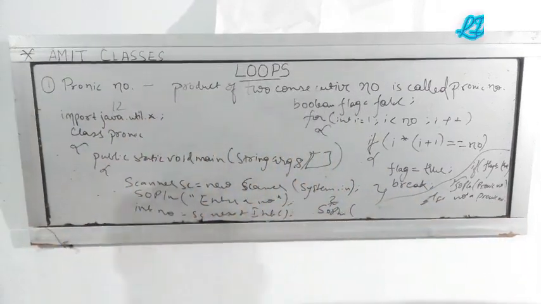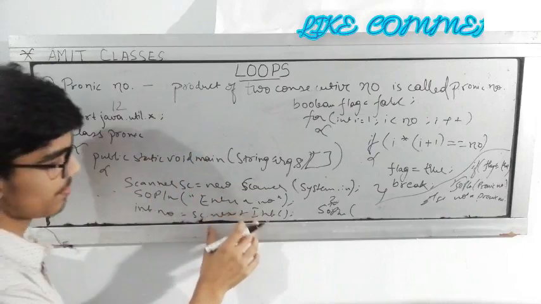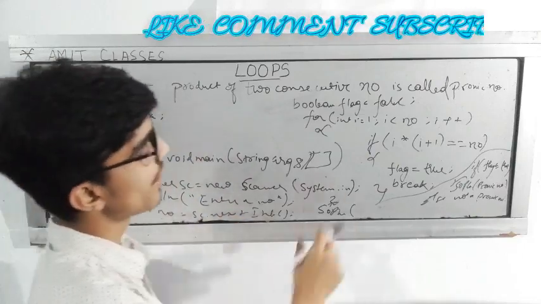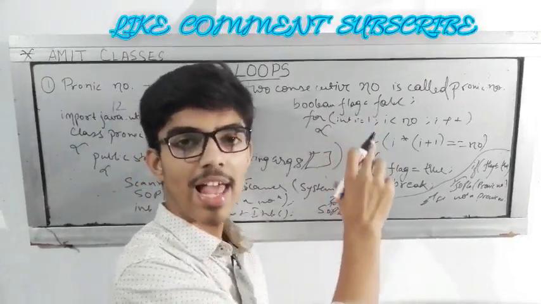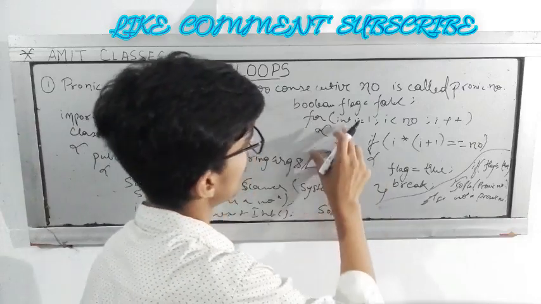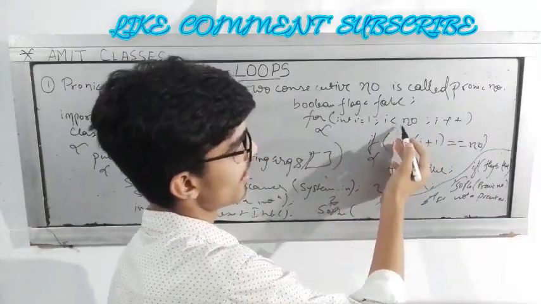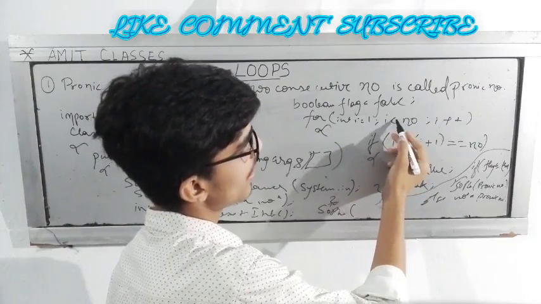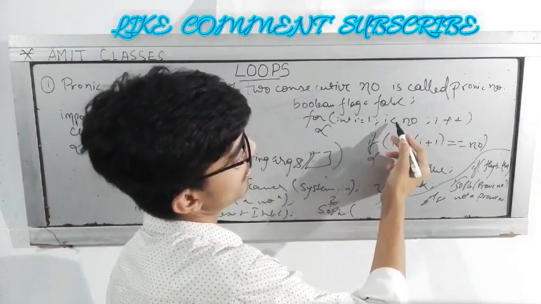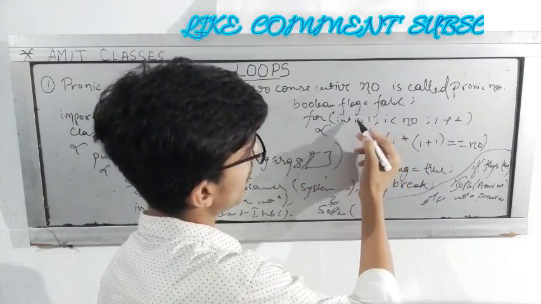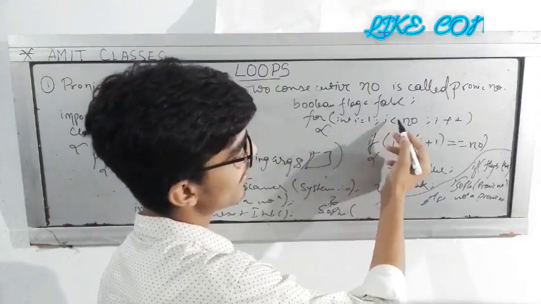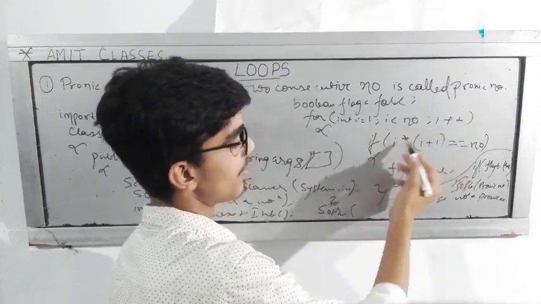This is the program. Here we have taken user input till here. Now we have taken one variable called flag, boolean, and now we have started the for loop. For int i is equal to 1, i is less than number, because we have not put equal to here, because i would surely be less than the number, and i plus plus.